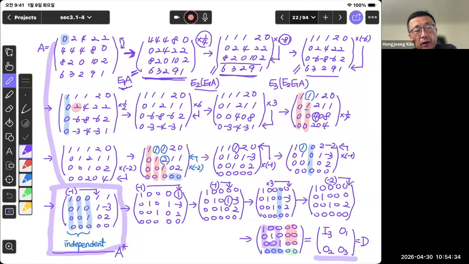And then beyond this A star, I performed column operations. So for example, I multiply negative 8 to the first column and then add it to the fifth column.